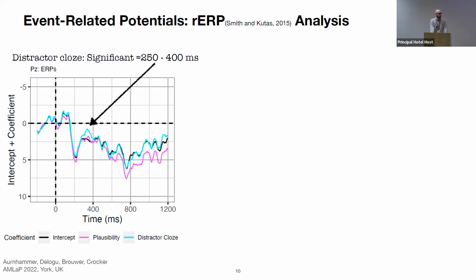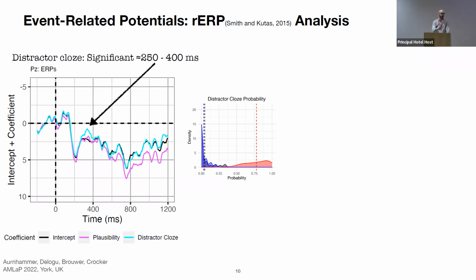And first of all, focusing on the distractor cloze probability, which captures the disconfirmation element. It captures this little earlier negativity bump that we got, and it actually does so significantly too. And one very powerful method that we can now use is that we can basically multiply this vector of distractor cloze probabilities across time with the per item cloze probability values themselves.